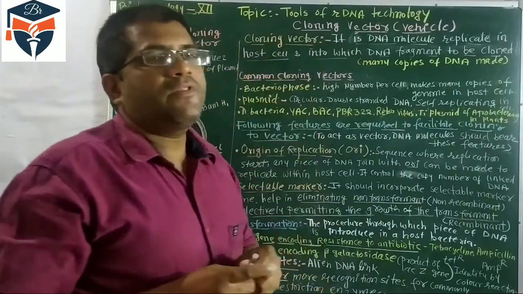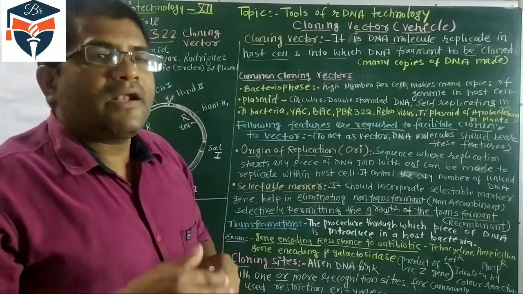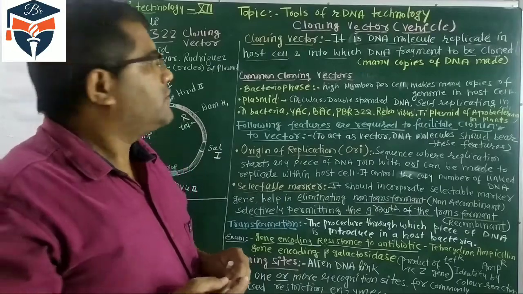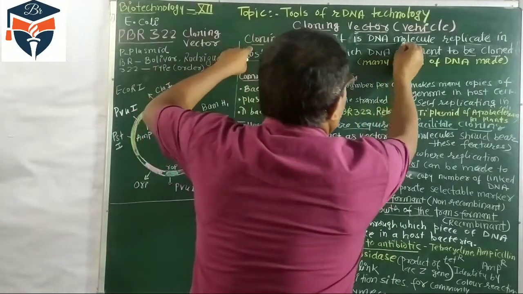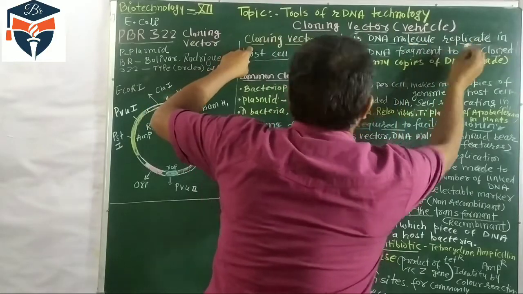So whatever foreign DNA is combined with the cloning vector, copies of that DNA are made.